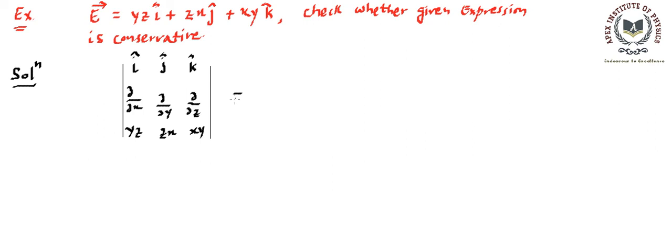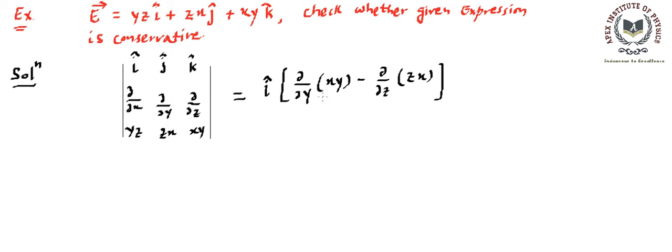So if we consider this and expand it, we know how to expand this determinant. I cap will consider these terms. So this will be del upon del y of xy minus, by this cross multiplication, del upon del z of zx. That will be the coefficient of i cap.